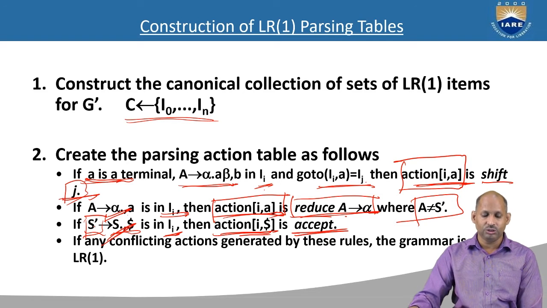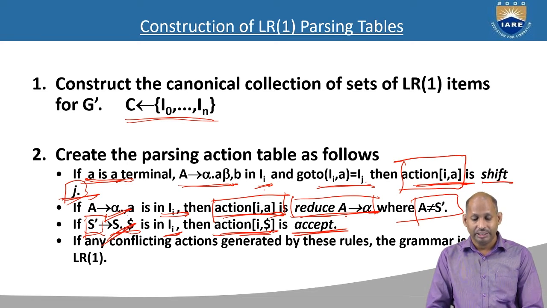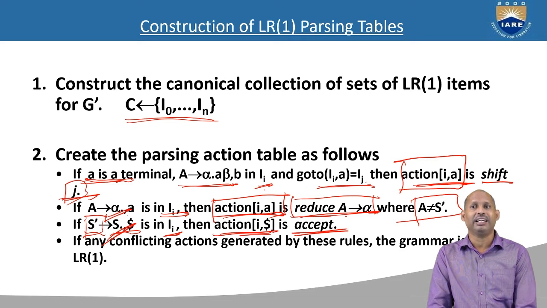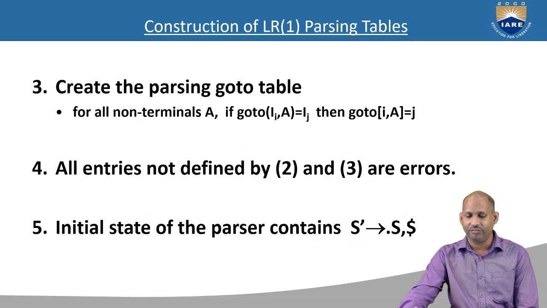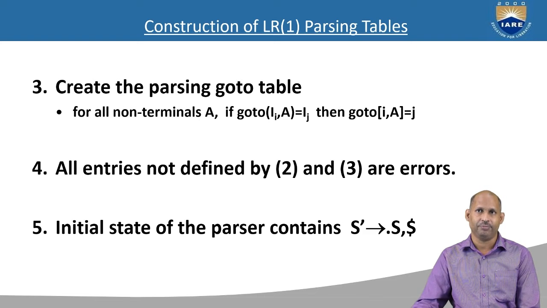If S dash gives S dot, dollar is in I, then action[I, dollar] is accept. If it is the starting rule S dash, it is simply accept; otherwise, we reduce by the production A gives alpha. Any conflicts, and it is not LR(1).